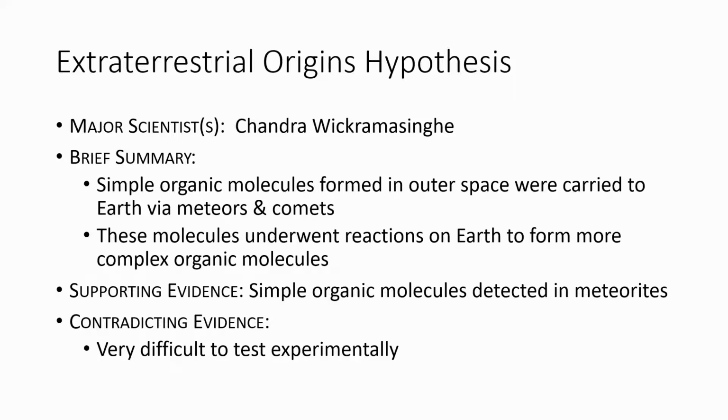What is the evidence of this? Well, there have been meteorites that have hit Earth, and when scientists have studied them, they have found that there were simple organic molecules on those meteorites. So there is evidence that these organic compounds can form in space. The problem is it's difficult to test this experimentally, to simulate meteorites hitting the Earth in large quantities and then gradually over time producing more complex organic molecules.